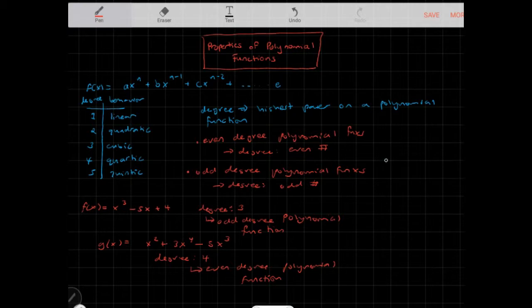Now, what is the end behavior of a function? The end behavior of a function is basically the value of y when x approaches positive or negative infinity. Okay, so I think the best way is to draw this out, right?